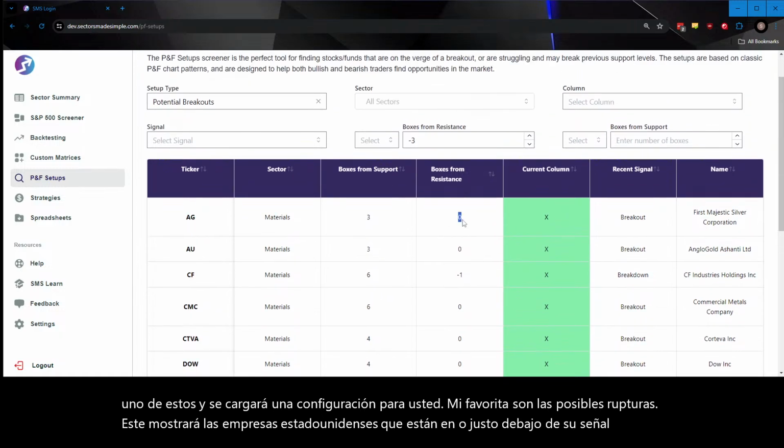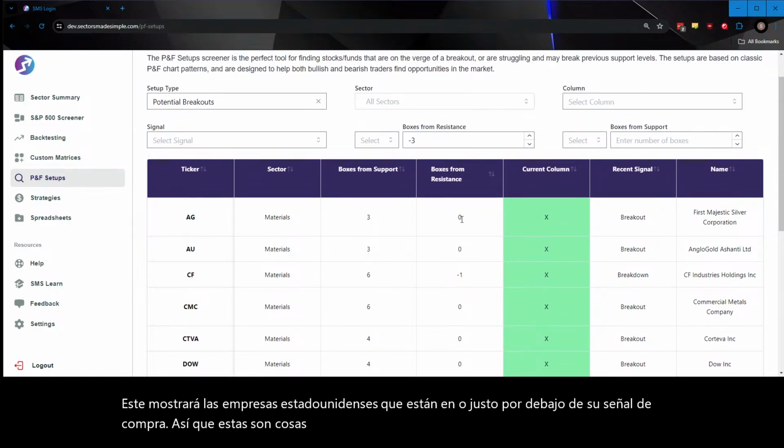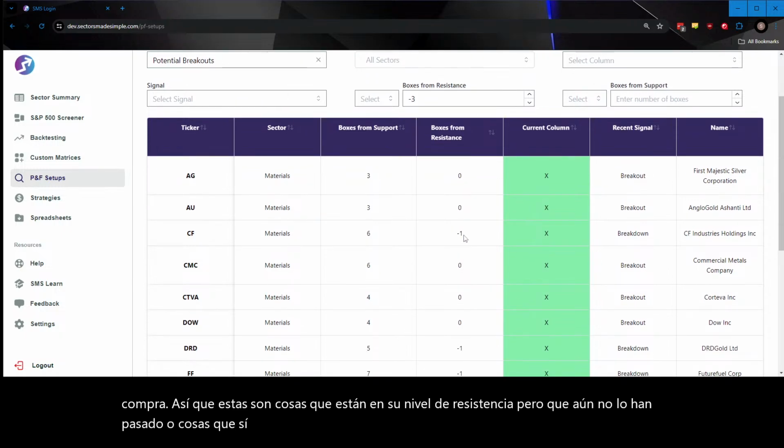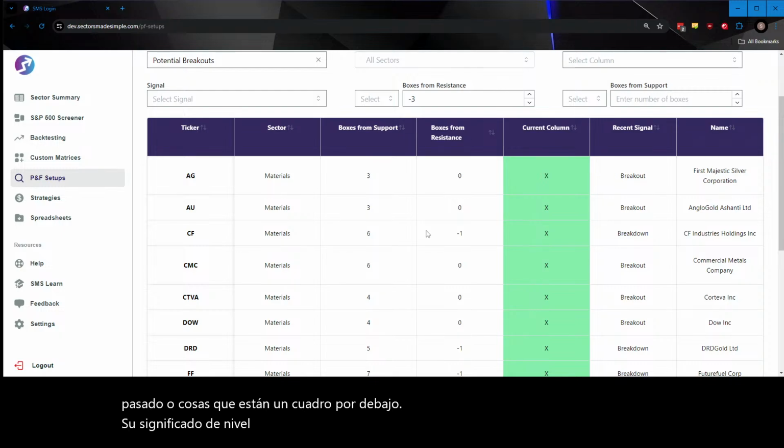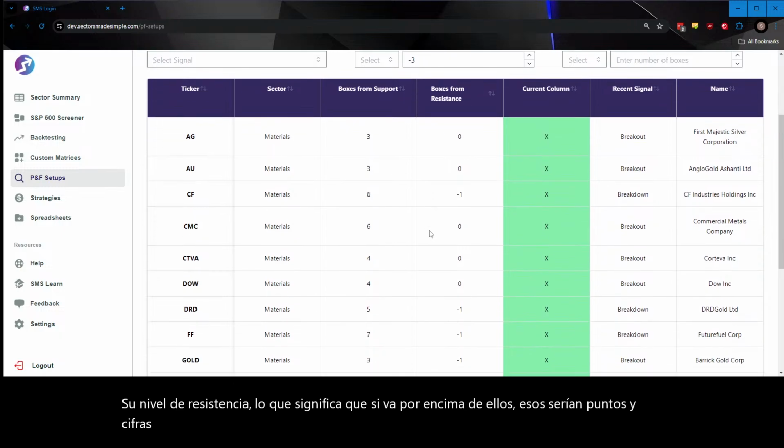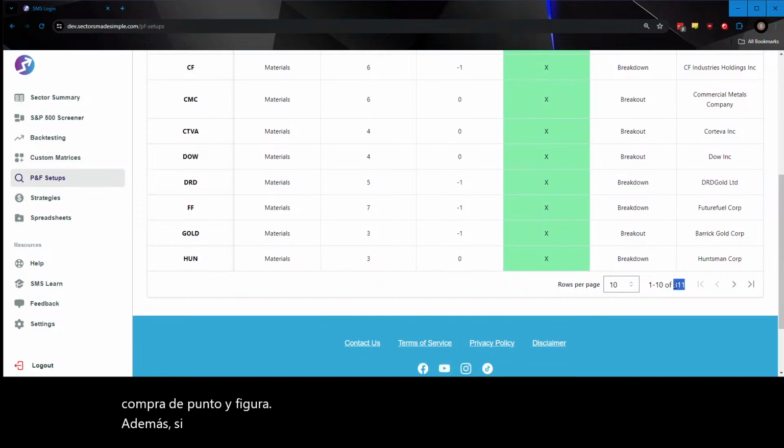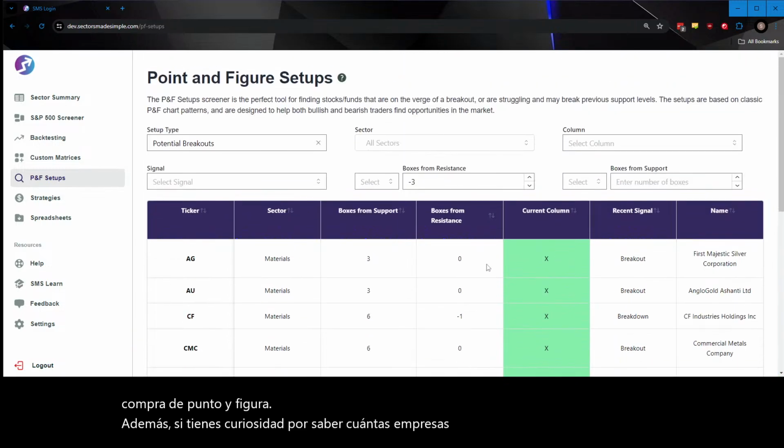So these are things that are at their resistance level but have not passed it yet, or things that are 1 box below their resistance level. Meaning, if it goes above them, those would be point and figure buy signals. Also, if you're curious how many companies this would be, 311.